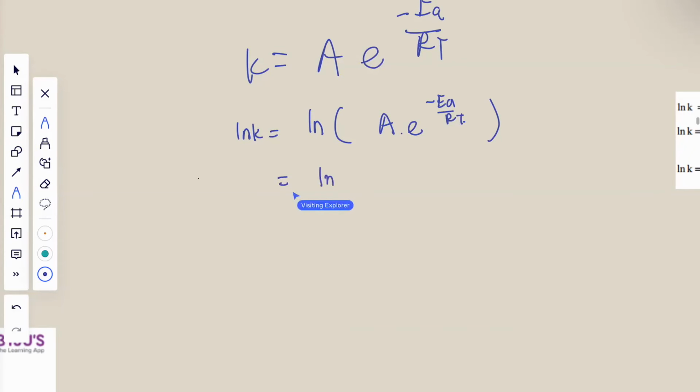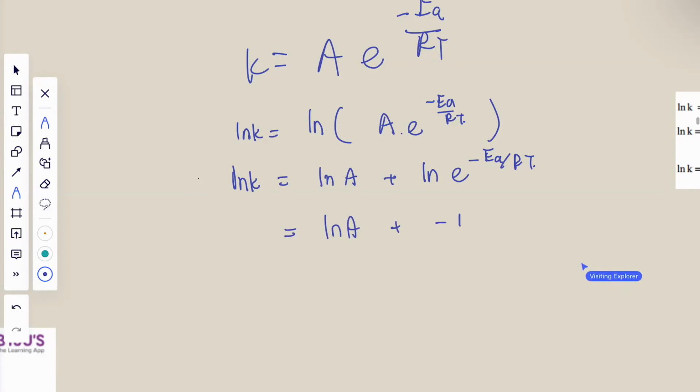Multiply, if you do ln you can break up, become plus, remember? And this is ln A. Ln with e disappears, right? Minus 1 over RT EA. Like this.